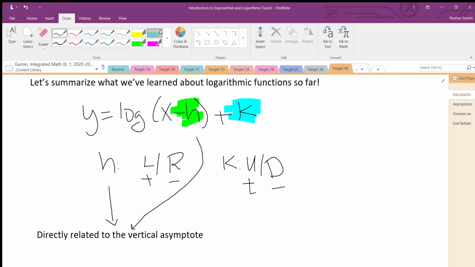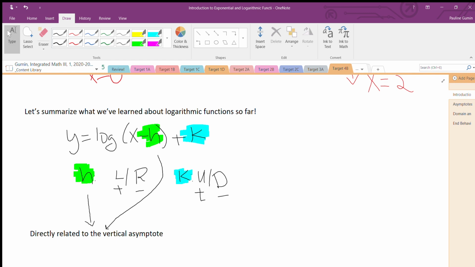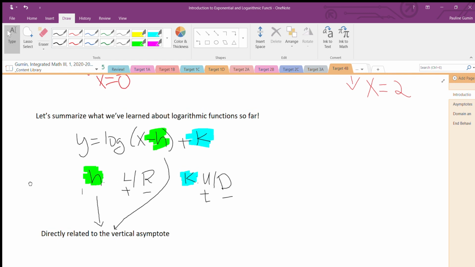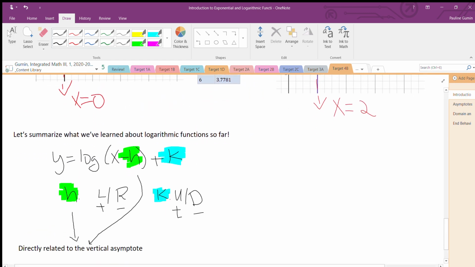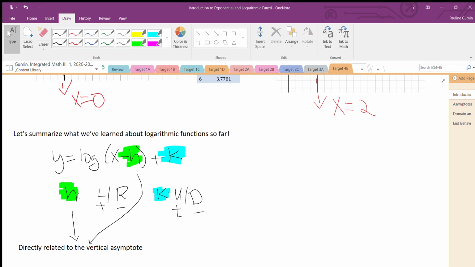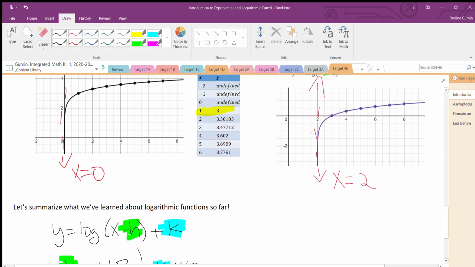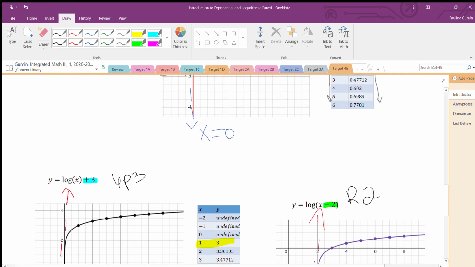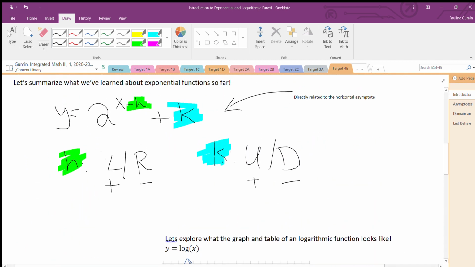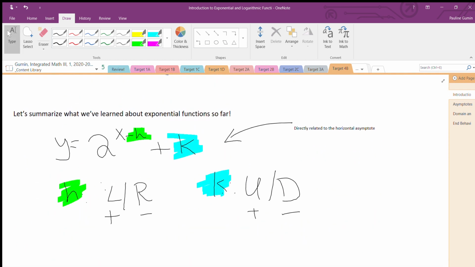All right, and that's really all I wanted to go over with you in this lesson. We'll continue experimenting and moving around these graphs, but what I wanted to make sure to emphasize this time is the movements up, down, left, and right based on the equation, the graph, and of course, the relationship to the asymptote.